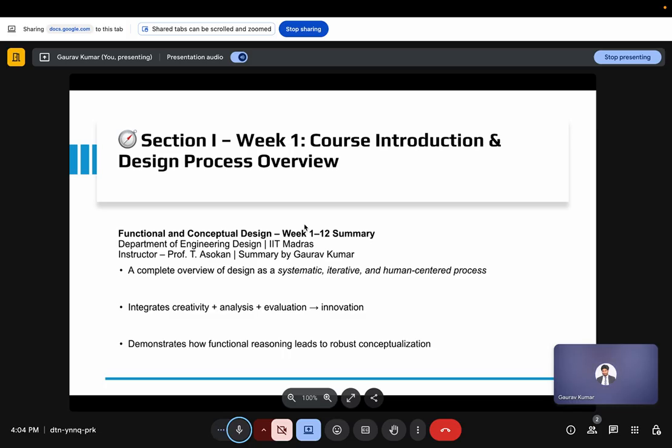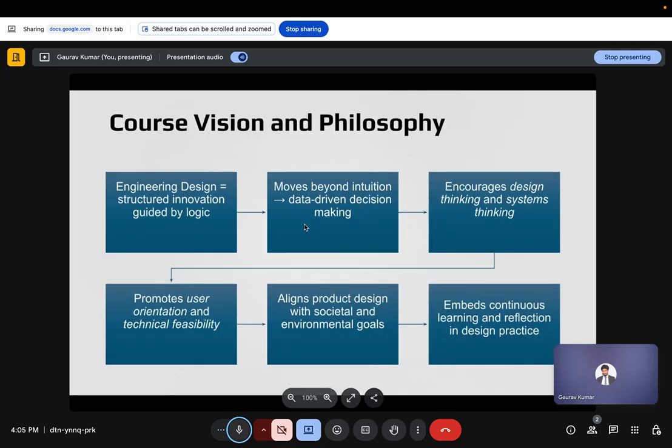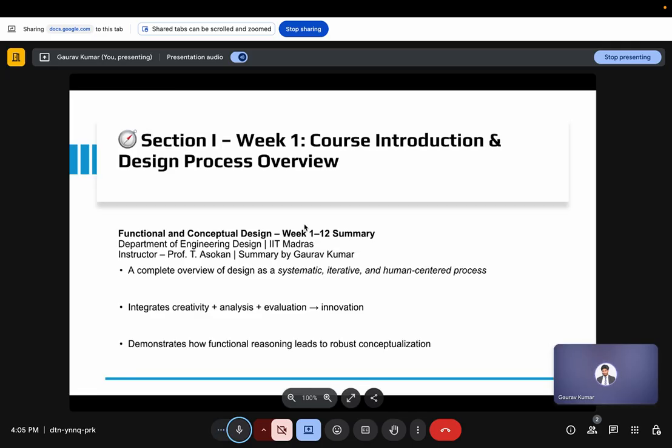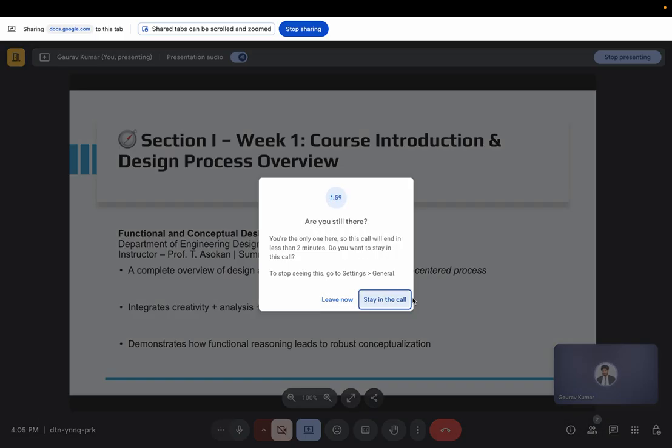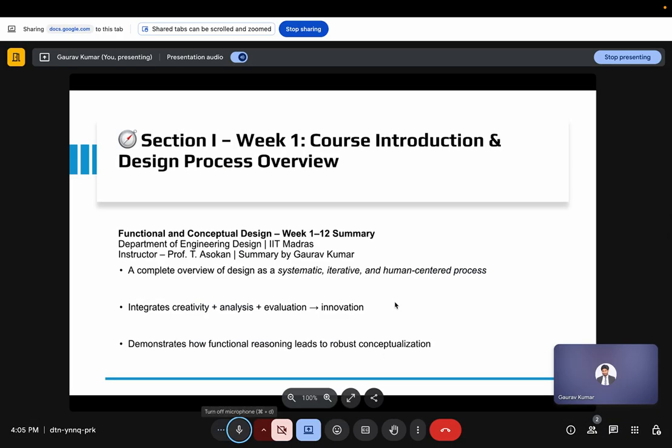So the summary considerations. The summary consolidates week 1 to 12 into a coherent narrative: from opportunity spotting to concept generation, from ideation to screening and scoring, and finally to embodiment readiness.